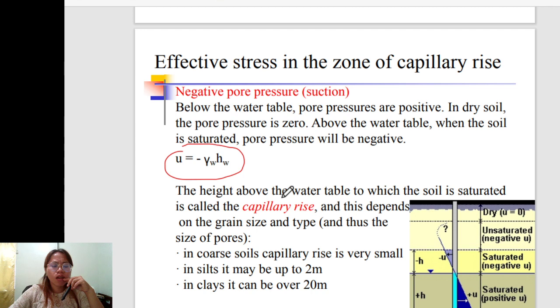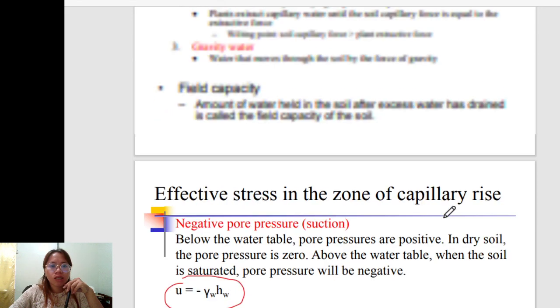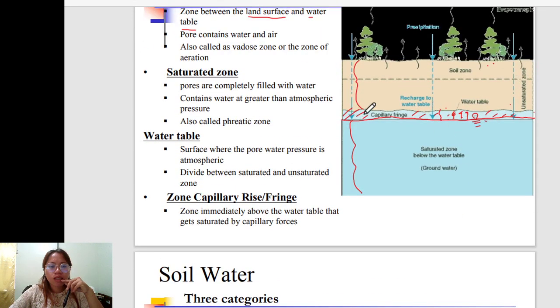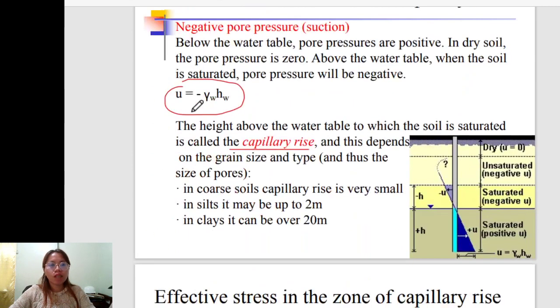The height above the water table to which the soil is saturated is called the capillary rise. So in this part, the soil is saturated. Even though the water table is only in this line, because of capillary rise, there is upward seepage of water, no? That is why the pore pressure is negative.